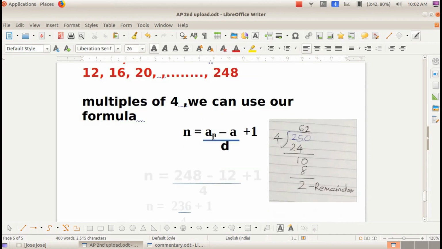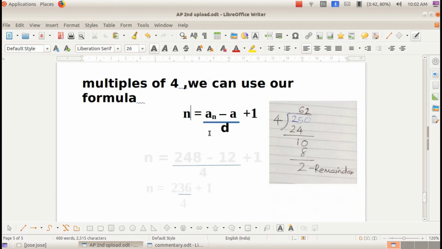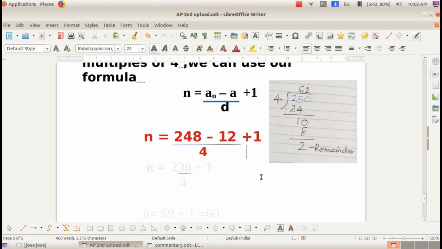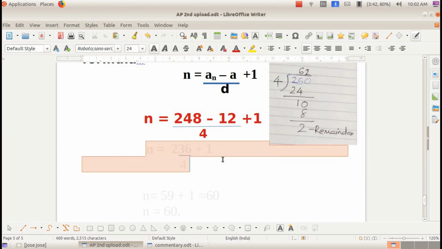For that, we can use our formula, number of terms n equals last term minus first term divided by d, plus 1. Here the last term is 248, the first term is 12, and the common difference is 4, because we are finding the number of multiples of 4.